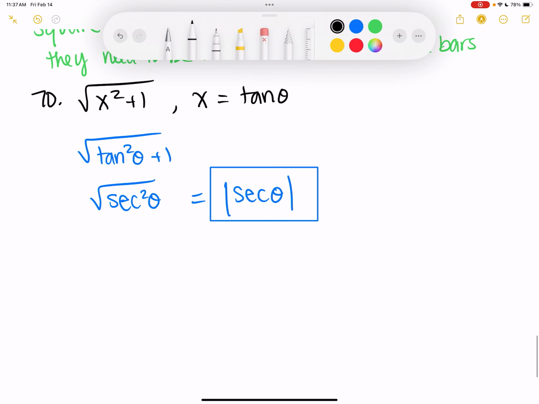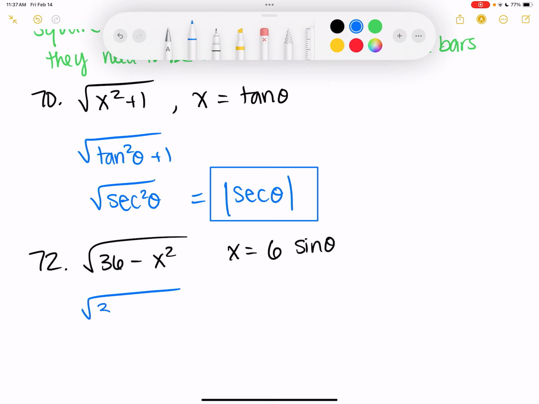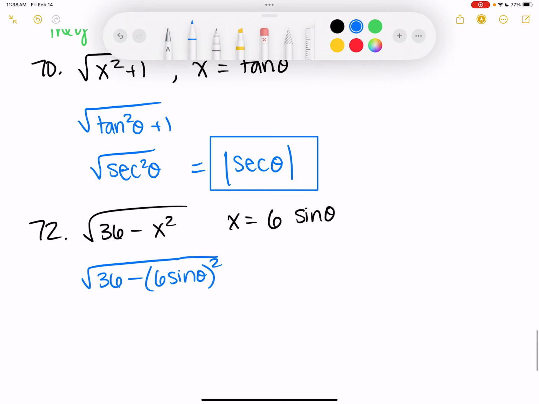All right, one more, and then we'll be done. 72, the square root of 36 minus x squared, x equals 6 sine of theta. Notice with this one, 6 sine of theta is all being squared. So this is the square root of 36 minus 6 sine of theta squared, and I normally wouldn't necessarily write this step, but I want you to see that the whole piece is being squared.